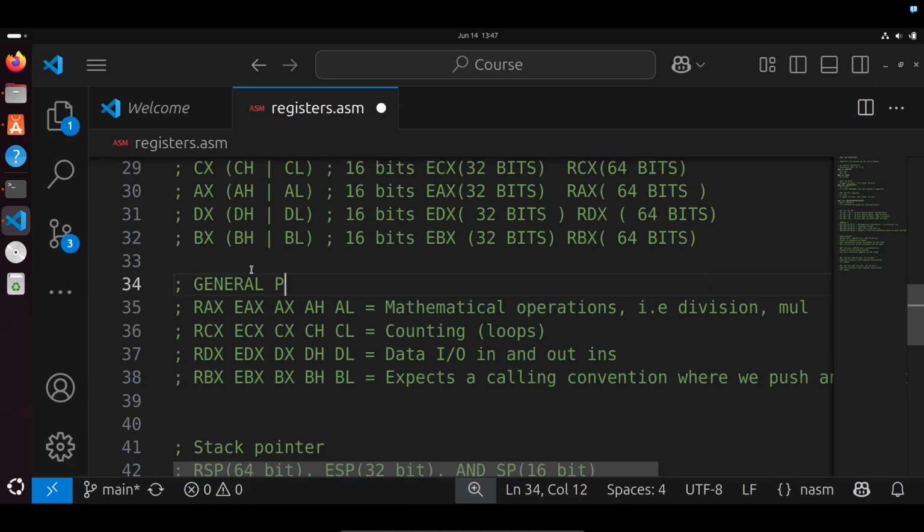So simply put, you can think of them as variables built into the CPU that always exist, okay? They always exist, and they're always named like this. You cannot change the names, but you can always set and read from them. And they're much faster than reading from memory. Okay, so that's all you need to know.